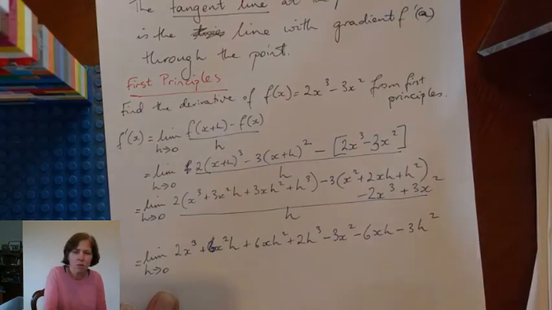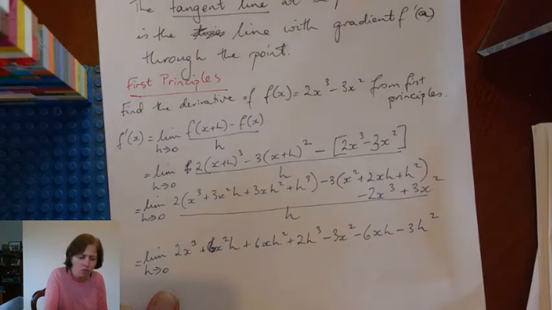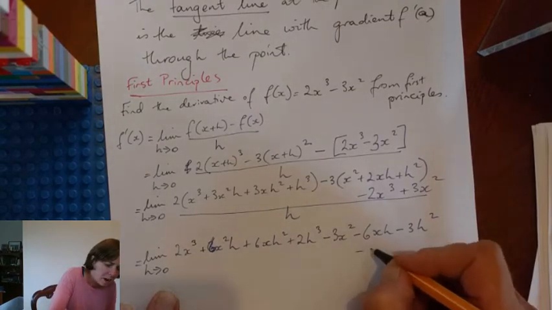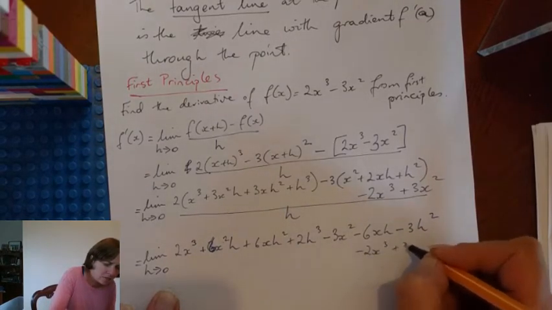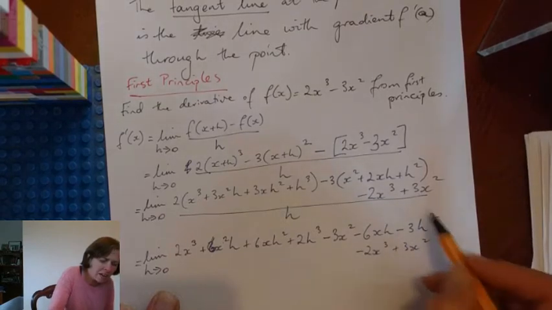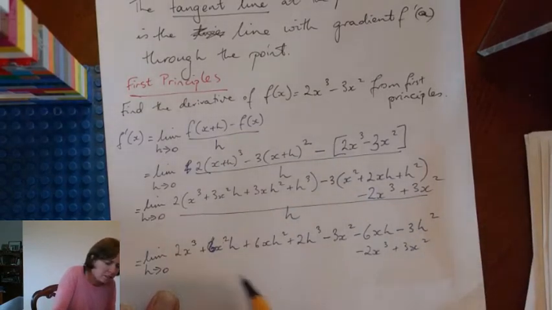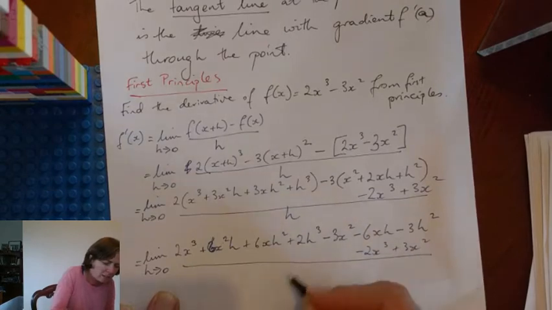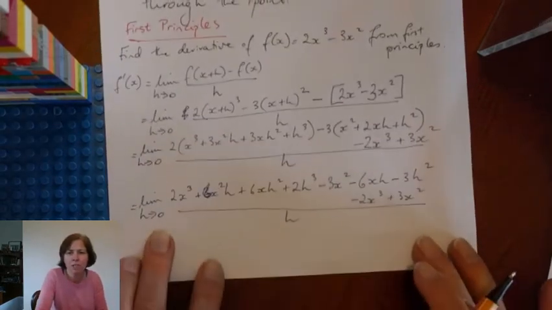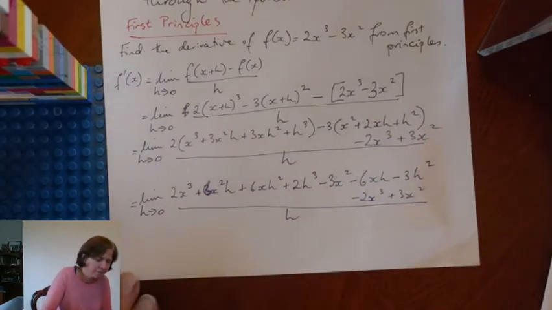It's pretty straightforward. It's amazingly easy to make mistakes when you're doing first principles by hand. Take your time and be careful. Minus 2x cubed plus 3x squared. It's perfectly okay if you run out of space to just put that below in that way. It's a little bit dodgy, but it's perfectly understandable to anyone reading it.